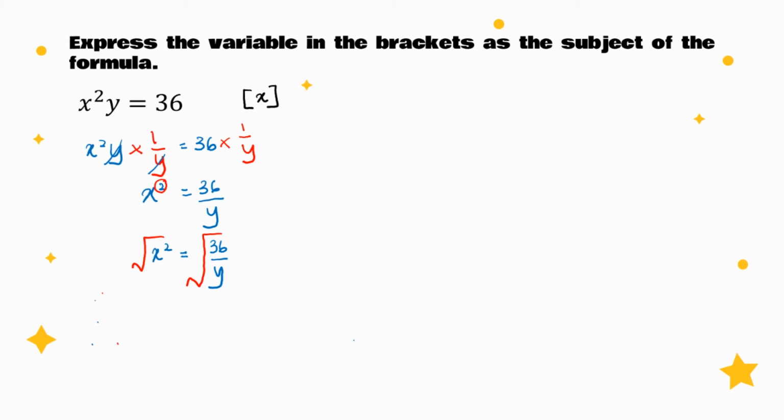Now we can cut off this square root with this square. So we get x equals to square root of 36 over square root of y. Now square root of 36, we can simplify it. So we get x equals to 6 over square root of y. So this is the final answer for this question.